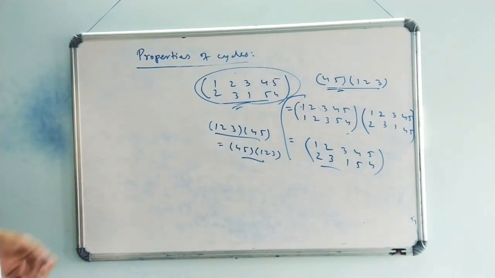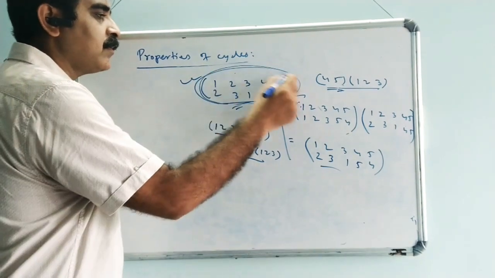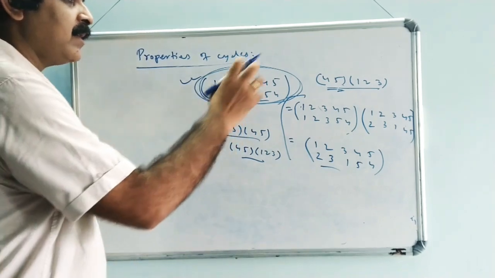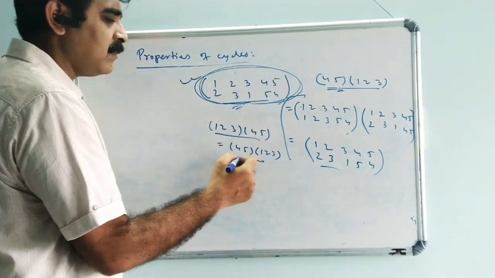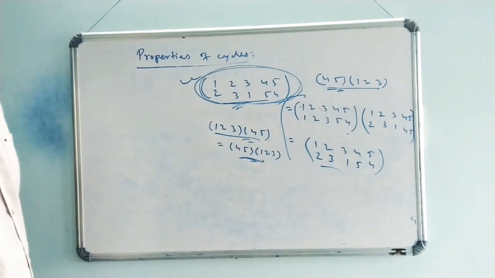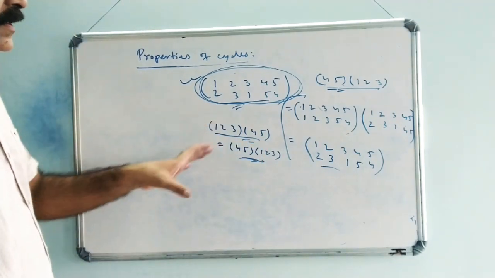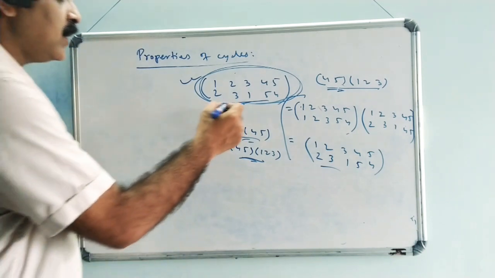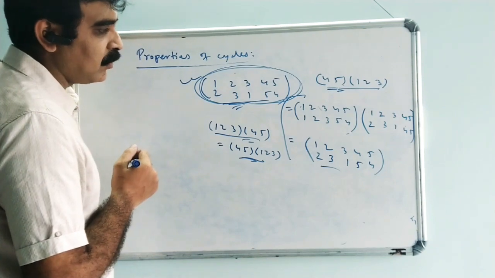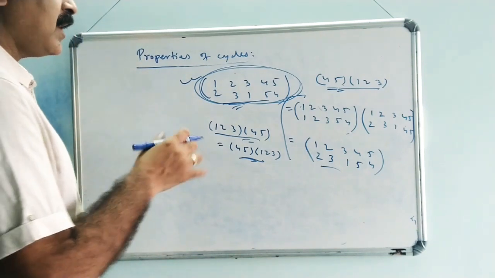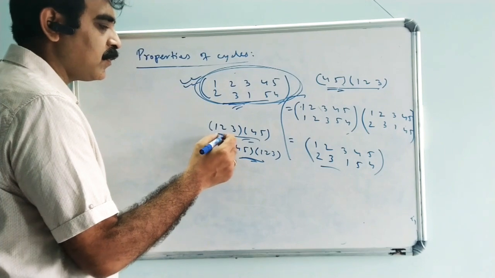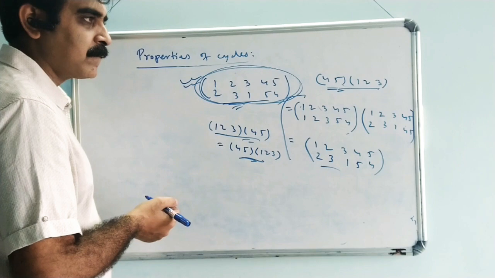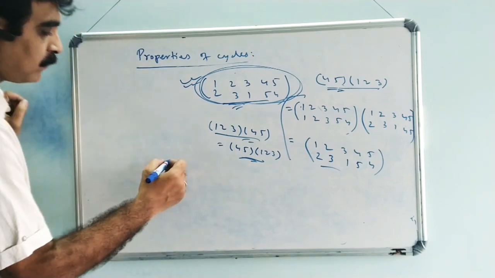And also we saw that any permutation we have written here can be written as the product of some disjoint cycles. We will prove this result in the general case for any permutation. Or that permutation may itself be a cycle.